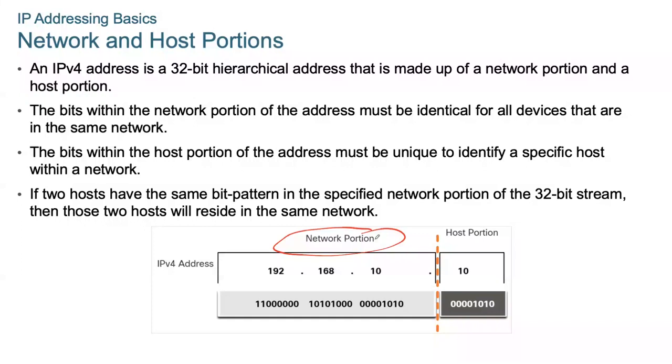Every device in the same network will have the same network portion. If the network portion is different, those devices are in different networks. When they are in the same network, the host portion should be unique for every individual. There should not be any conflict. If the network portion is different, then the host portion may have the same number on different networks.